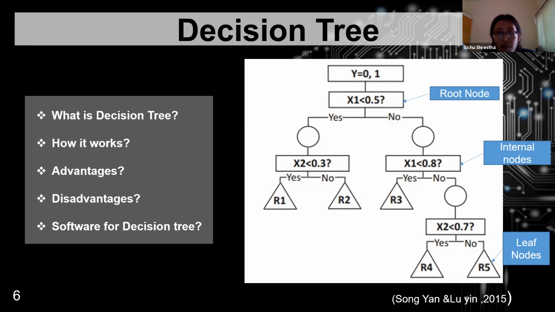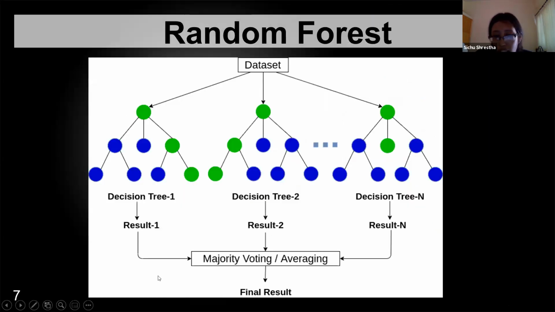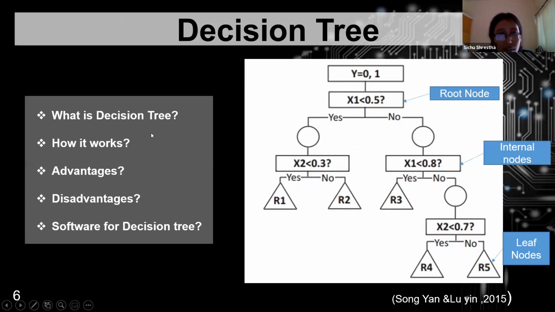For example, for splitting of the decision tree, different formulas are used, like Gini index, Twoing criteria, entropy, and for pruning, different types of thresholds are used.